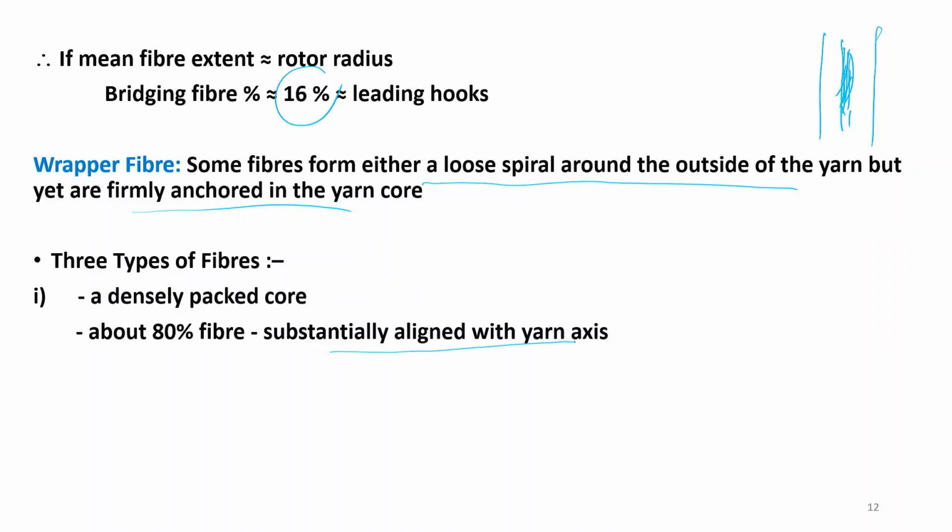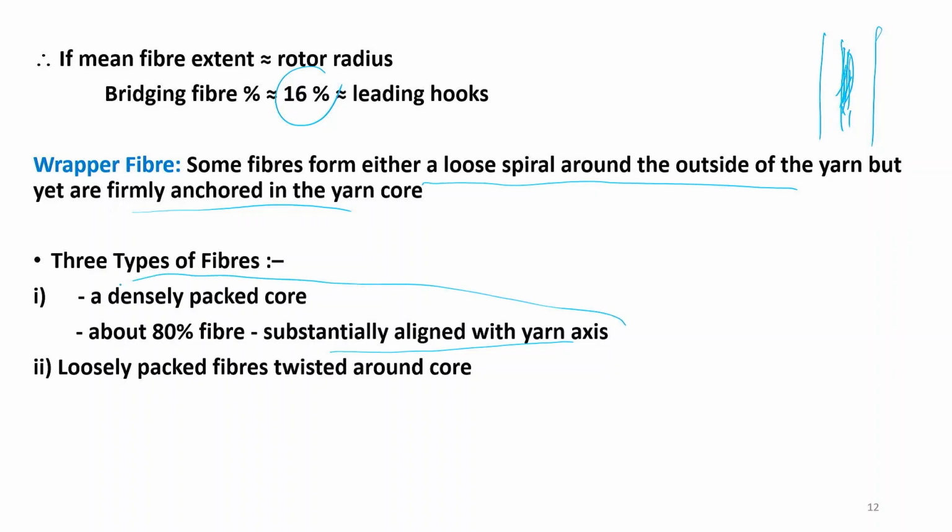Then loosely packed fibers twisted around the core. So, the first initial layer forms the core, 80% of the fiber, then loosely packed fiber around the core, and then the third one is wrapper fiber, which contributes to the yarn strength.